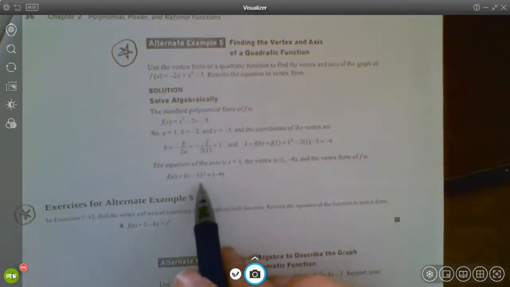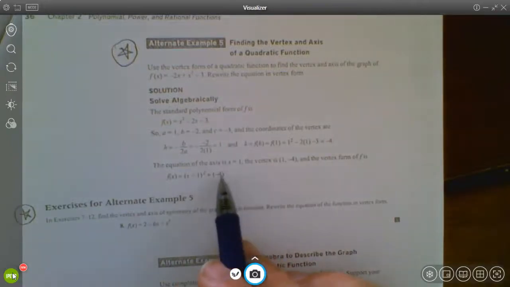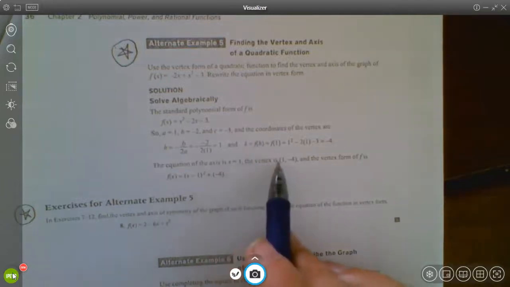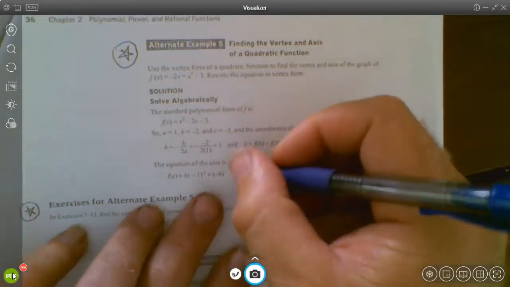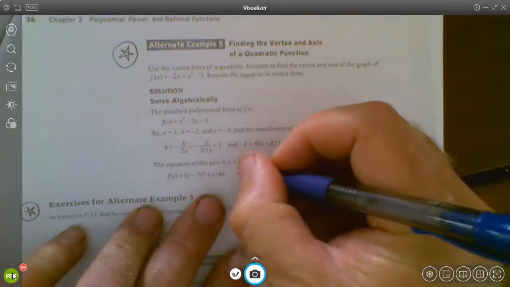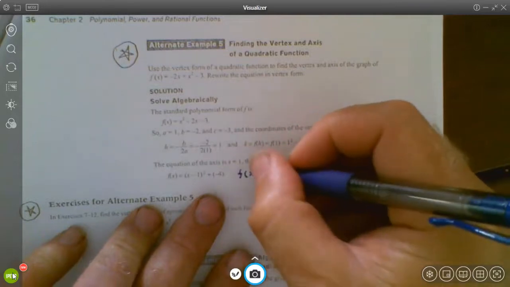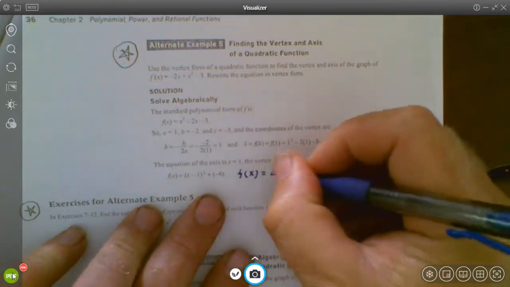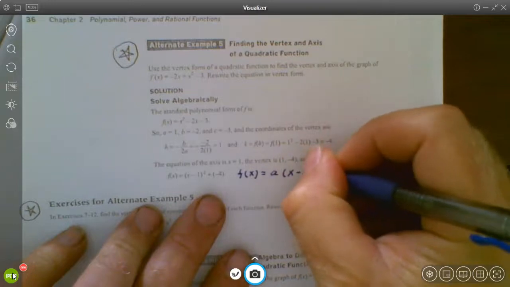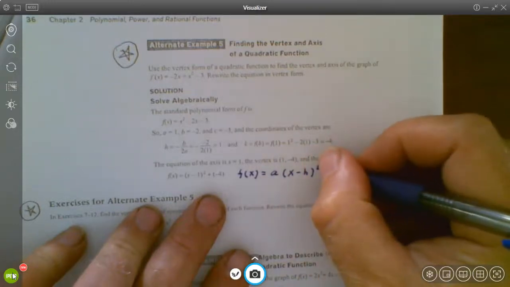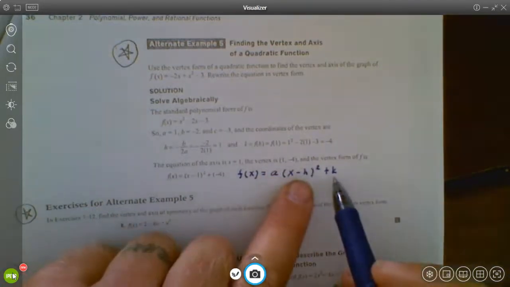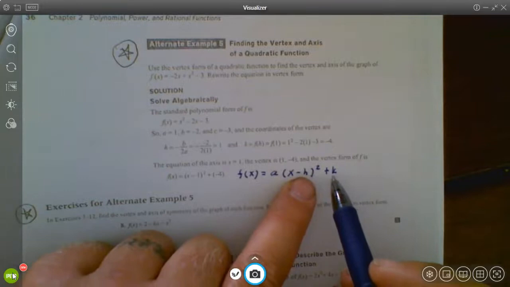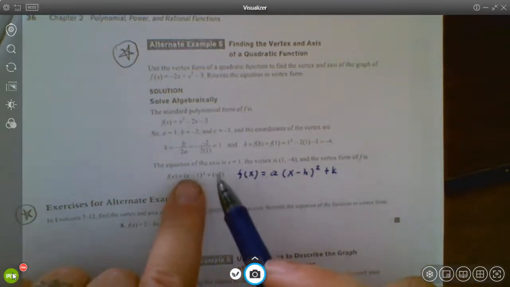As far as rewriting this into vertex form, once you have this information, you can take this and then just put it into that vertex form. So I showed you on the last page. Let me just put it here so we can see them side by side. So I know the 1 and the negative 4 are going right here for h and k in order to give us that part of it.